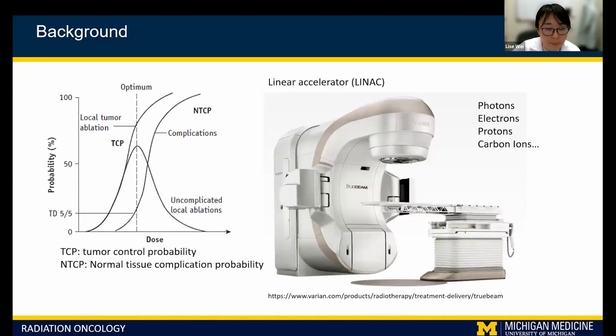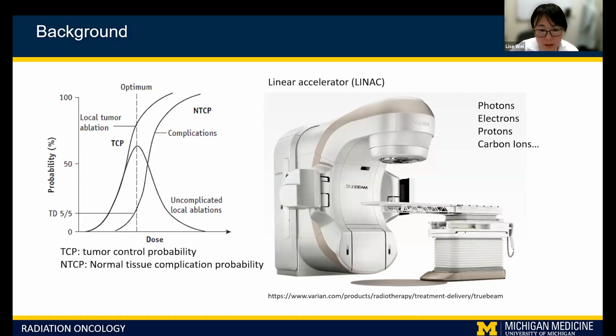So some background for radiation therapy. On the right side is a linear accelerator. That's the main device that we use to treat cancer patients. This device rotates 360 degrees around the patient. The patient will be immobilized on the couch, and depending on what kind of cancer we want to treat and the disease type, we will use photons or electrons.